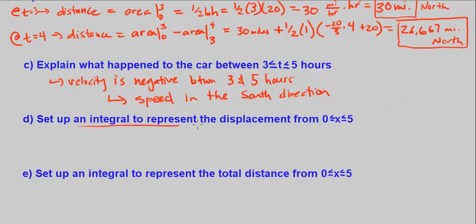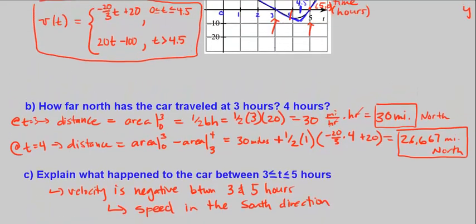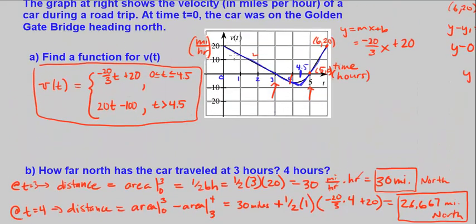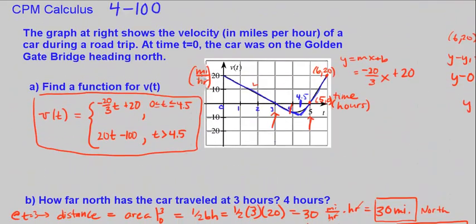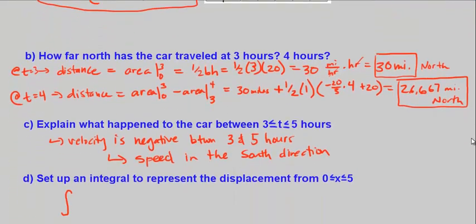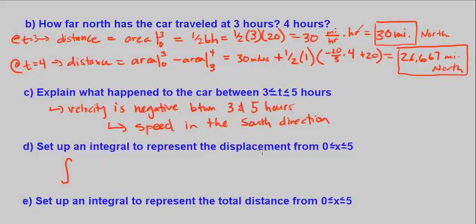So, setting up an integral to measure displacement is basically going to be the integral, right? If we look at our graph, from 0 to 5, the area under the curve is our total displacement, right? That's our distance, and we want to include if we're going back.